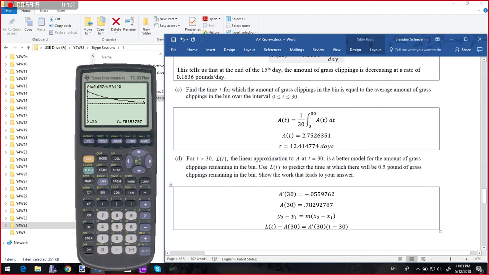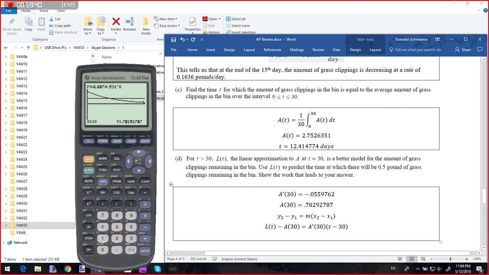Right. Okay. So I want to know, at what time will there be 0.5 pounds of grass remaining in the bin? So which one of these values has to be equal to 0.5? L(t), perfect.